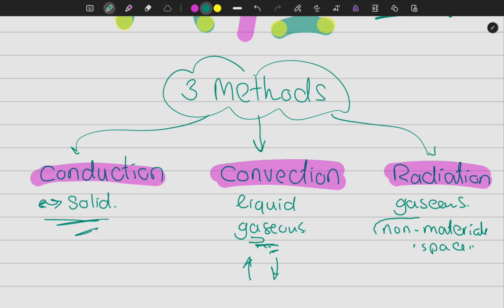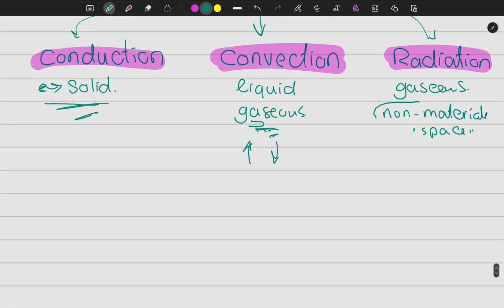Okay, this is a fast revision of the previous part of the lesson.